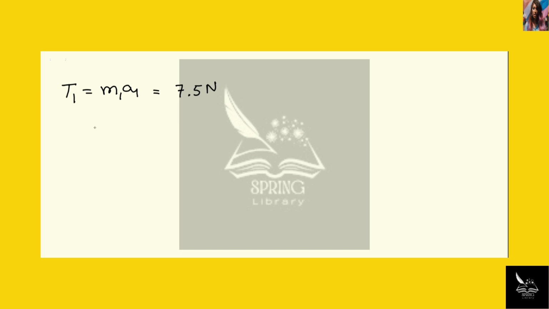And for T2, we'll have the mass of the second book, which is 3 kg, times A2, which, as we mentioned, is nothing but g minus A1. And combining all the numbers, we get the tension as 18.2 newtons.